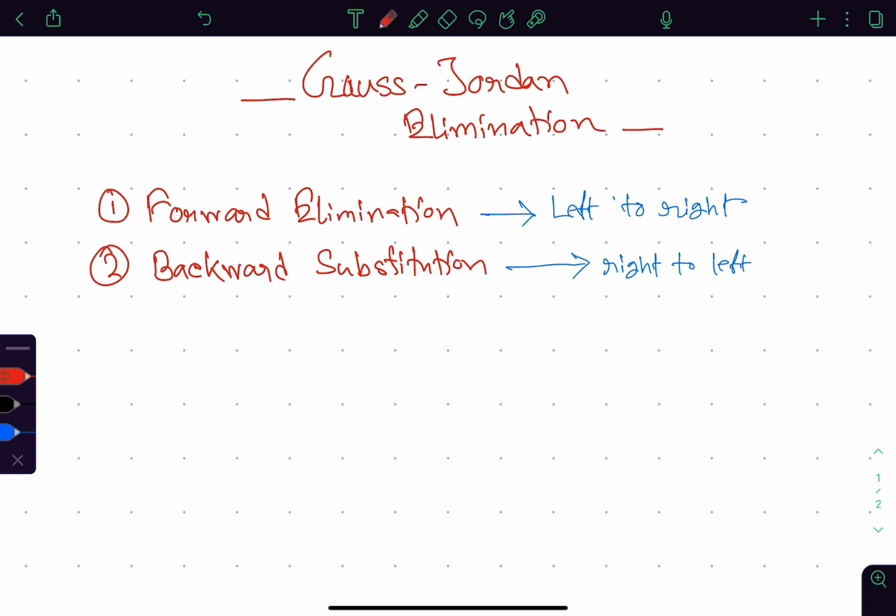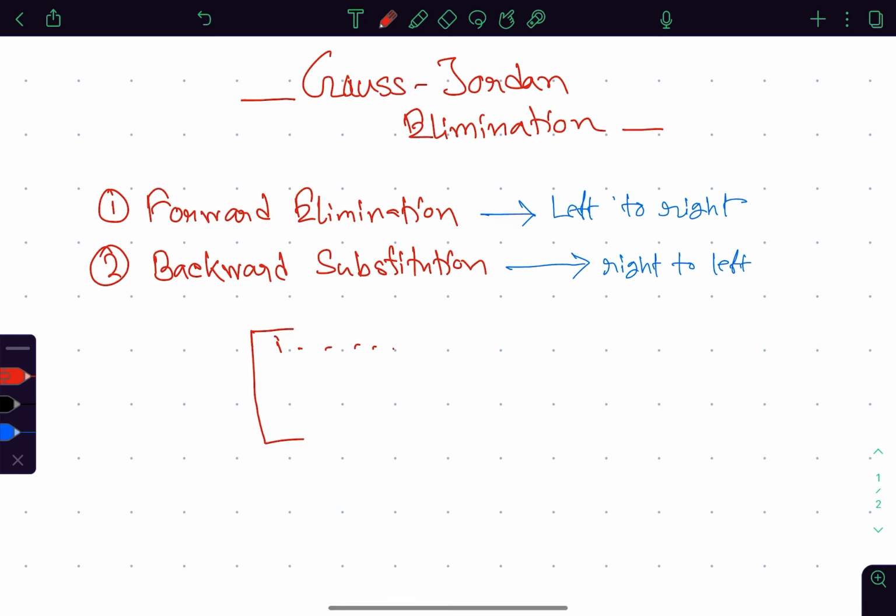So for forward elimination, what we require is to identify pivots. What we mean by pivots is the first element of every row. This is the pivot of this row, and in every row the pivot will be to the right of the one above it.